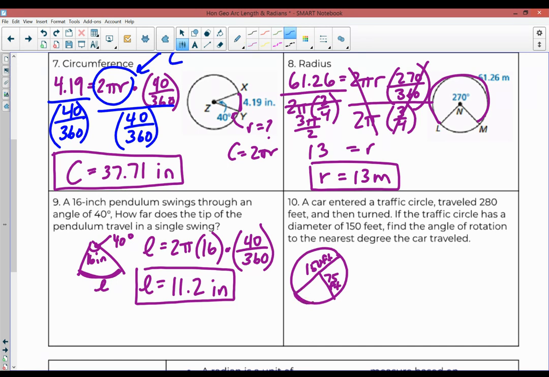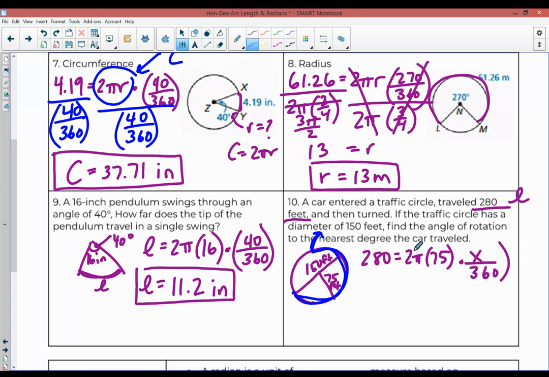We'll use the arc length formula. L equals, oh no, we know L. So it traveled 280 feet, so that's L. So 280 equals 2 pi 75 times x over 360.